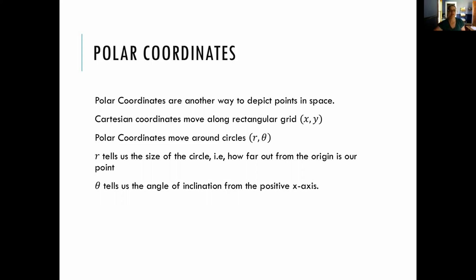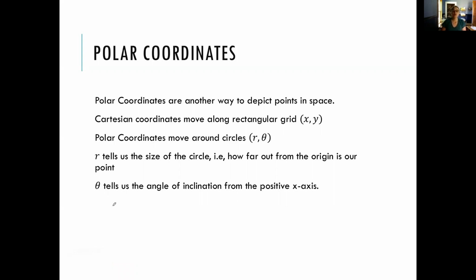Polar coordinates define points in space in terms of a radius and an angle of inclination rather than an x and a y. The radius, or r, gives us the size of the circle, meaning how far out from the origin our point is.